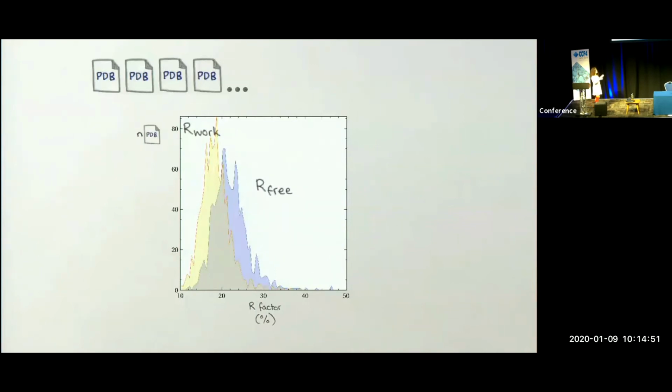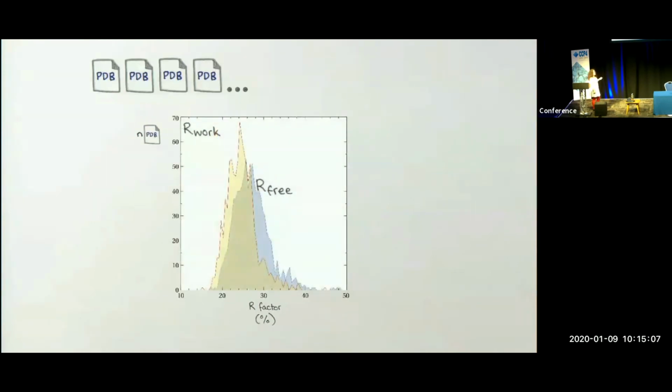Now, this is the original work, and Vagabond has not yet achieved the same R work and R free values. It's a young project, and I'm still not fully fitting my model. However, the Vagabond results are like this.